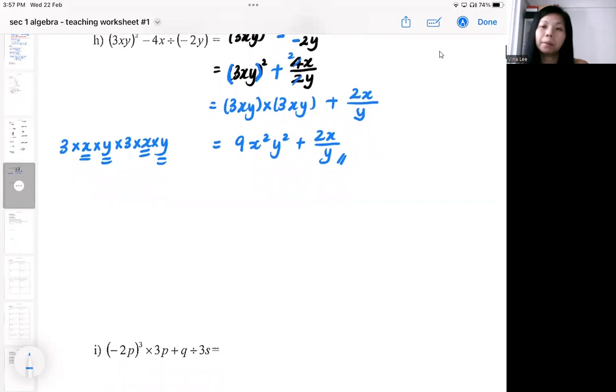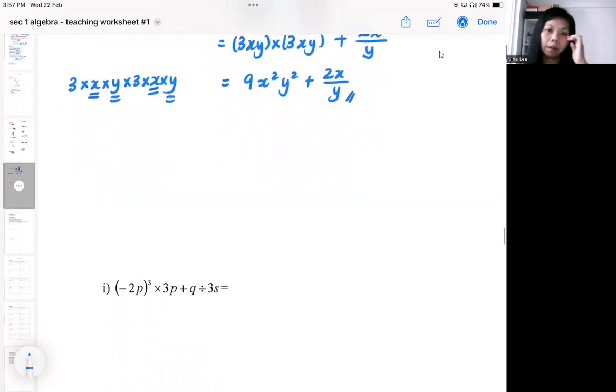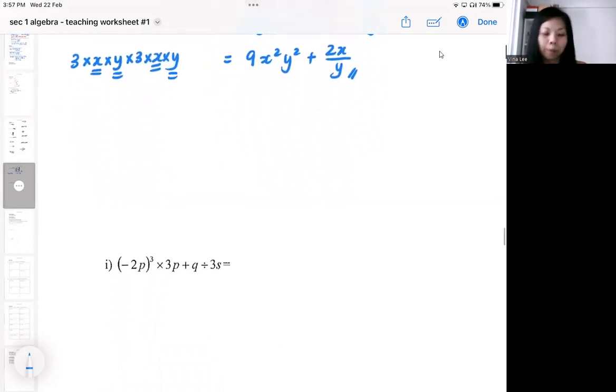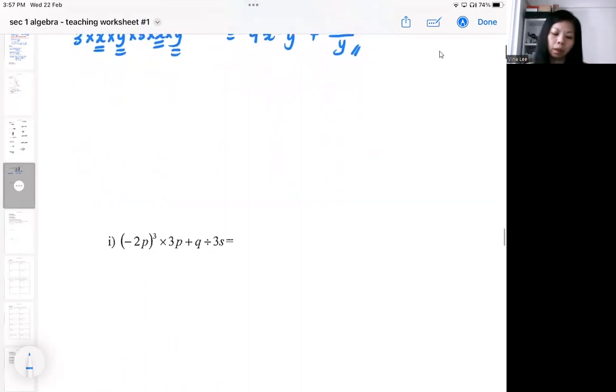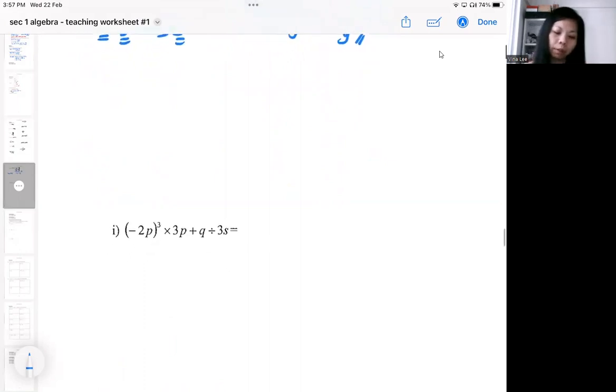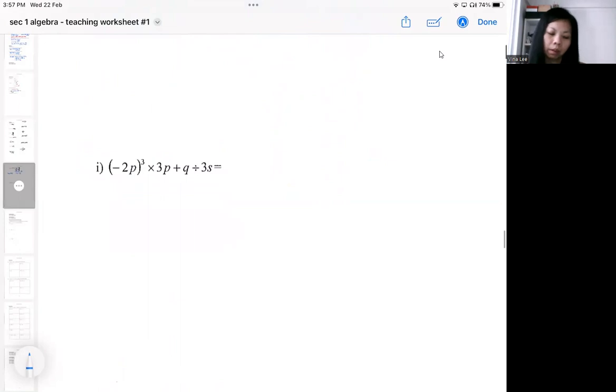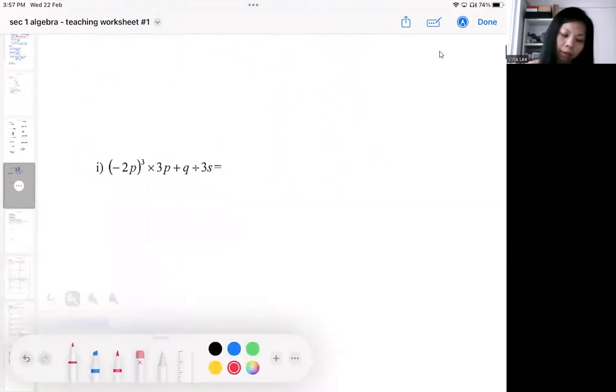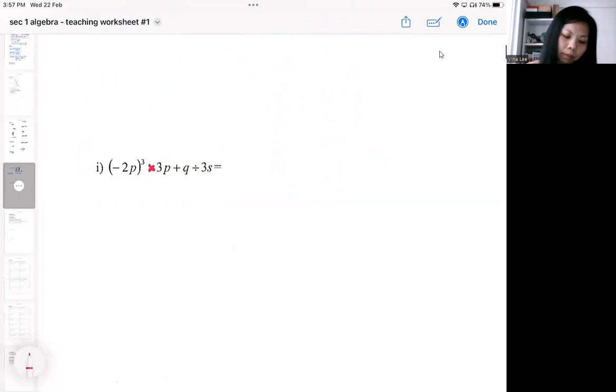So there will be 4 operations involved. There are negative algebra, positive algebra. So the next one, if you observe, there is a multiplication involved first. And then there is a division involved.